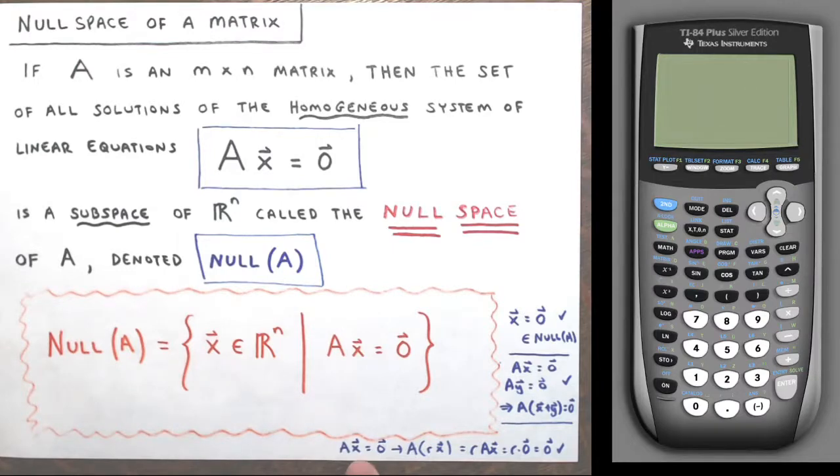And if some vector x is in the null space, then any scalar multiple of that vector will also be in the null space. You can check out my little line down here: A times Rx, where R is a scalar, will be equal to the zero vector as well. So it's closed under scalar multiplication.